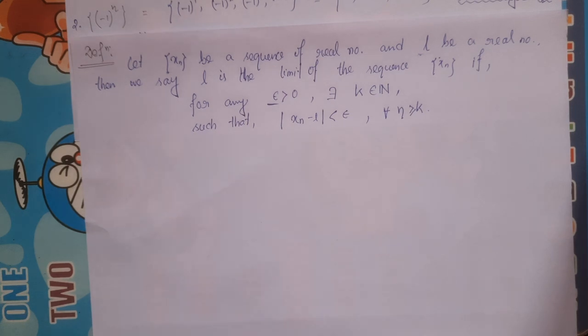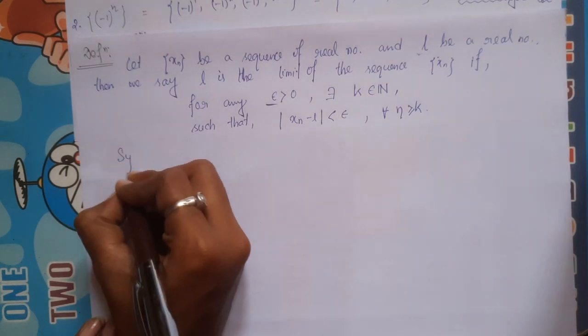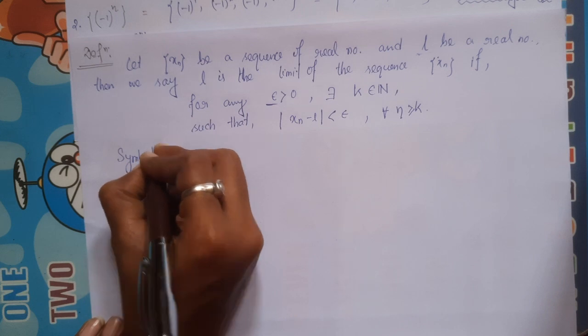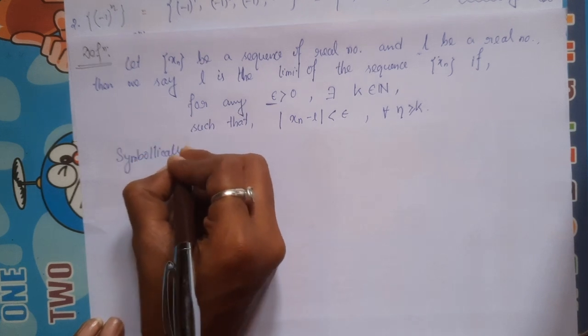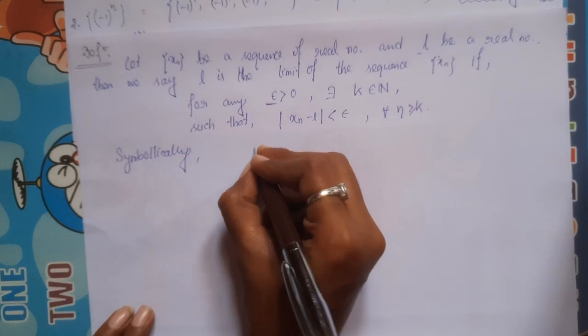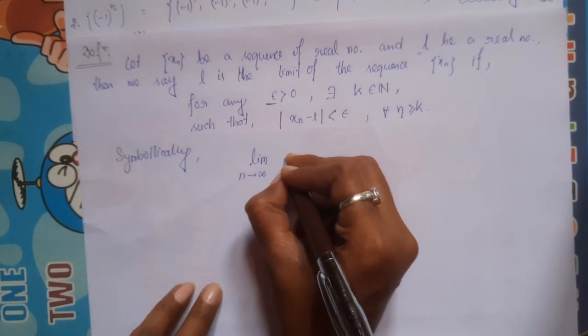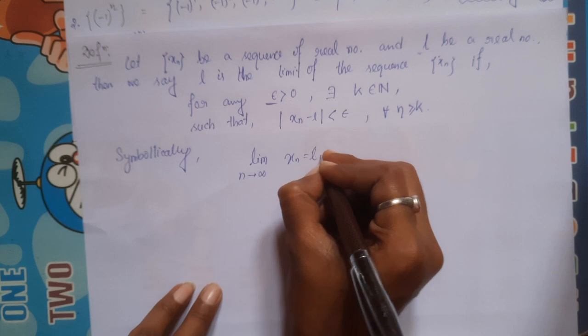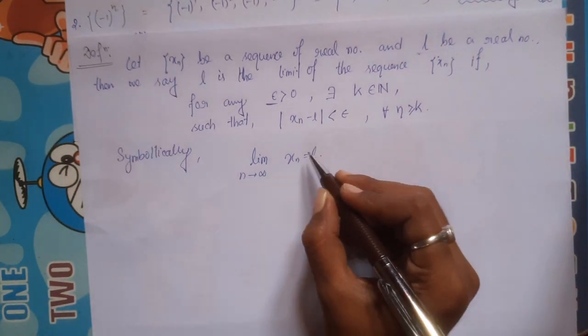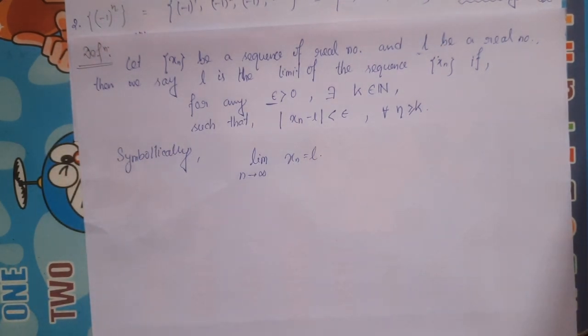Now, symbolically, we can write this as limit n tends to infinity of x_n is equal to L. So this is the actual definition of the limit of a sequence, okay.